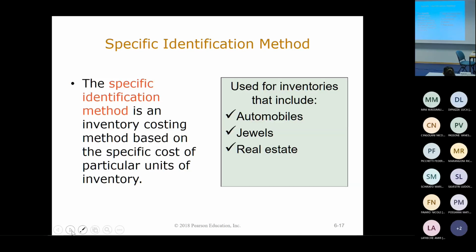You know exactly what they're selling. You don't need to use some inventory assumption methods. So you know exactly the cost of the particular units you are selling. This is a case where we're not assuming anything. We know what the cost is. So if you know the cost of the single unit you're selling, you apply that cost to the cost of sales.